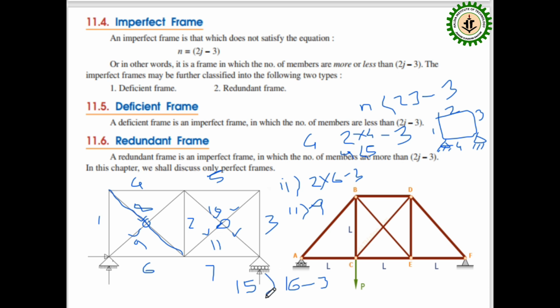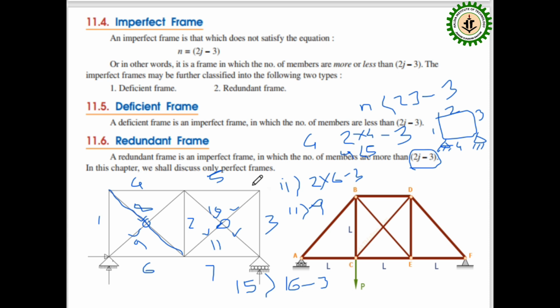In that case also 15 is greater than 13, so it is also a redundant frame. In a redundant frame the number of members is always greater than 2j minus 3.